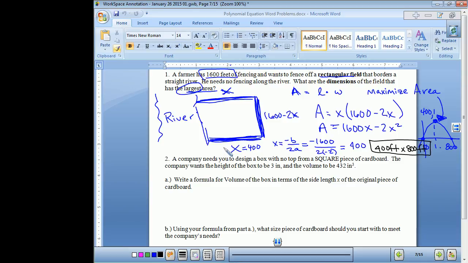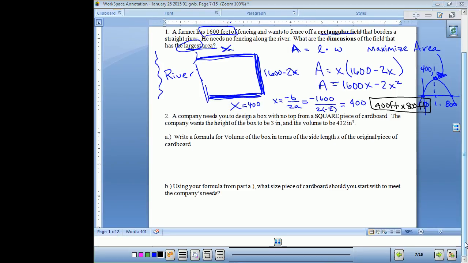Okay, any questions? Go ahead and read number 2 and see if you can draw out a picture for yourself.